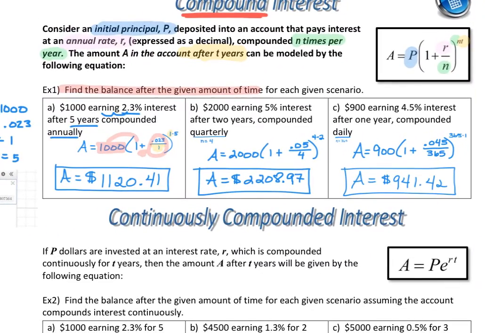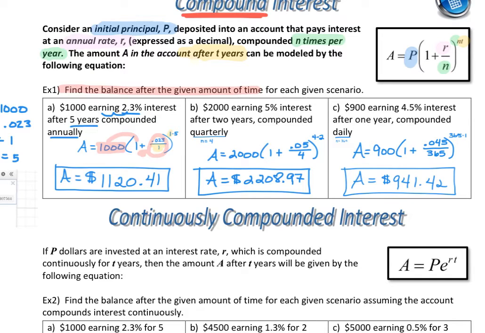So there's your answers for A, B, and C. And the thing that I want you to think about is that having the interest compounded on itself ever is better than not having compound interest. But compounding the interest 4 times a year is better than just once a year, because you're getting interest on interest more often.